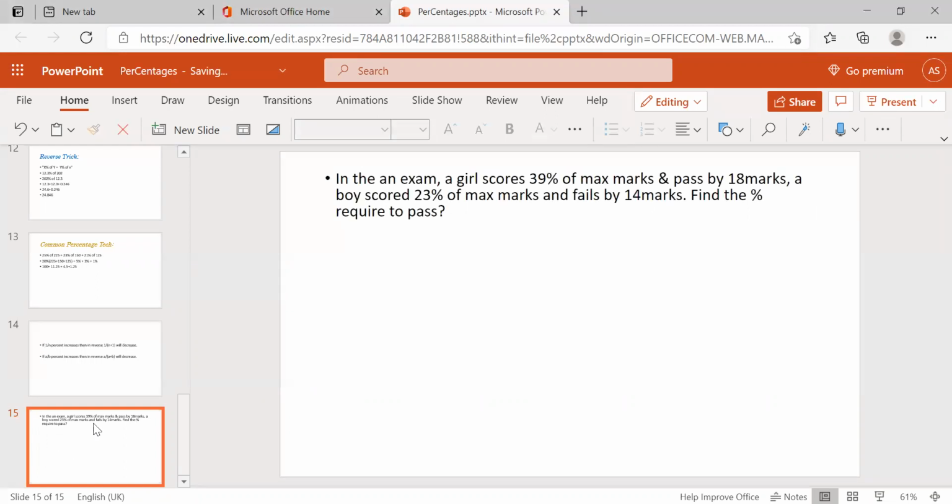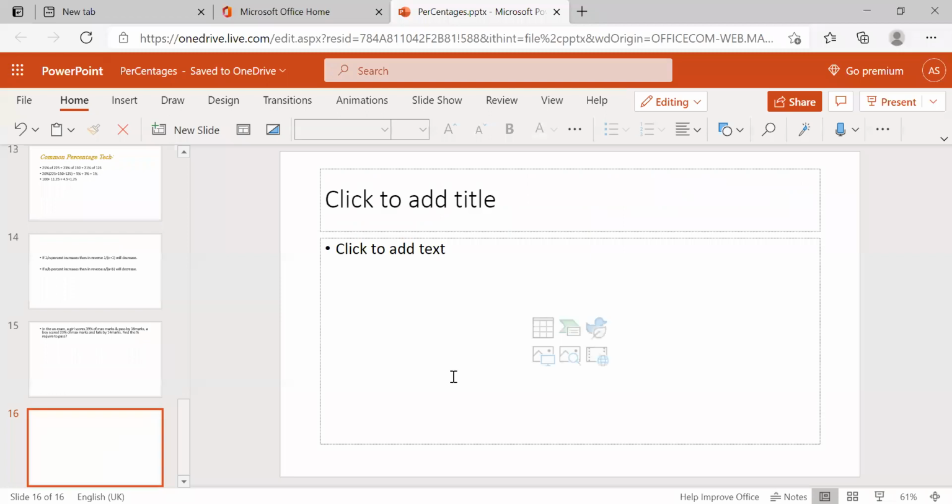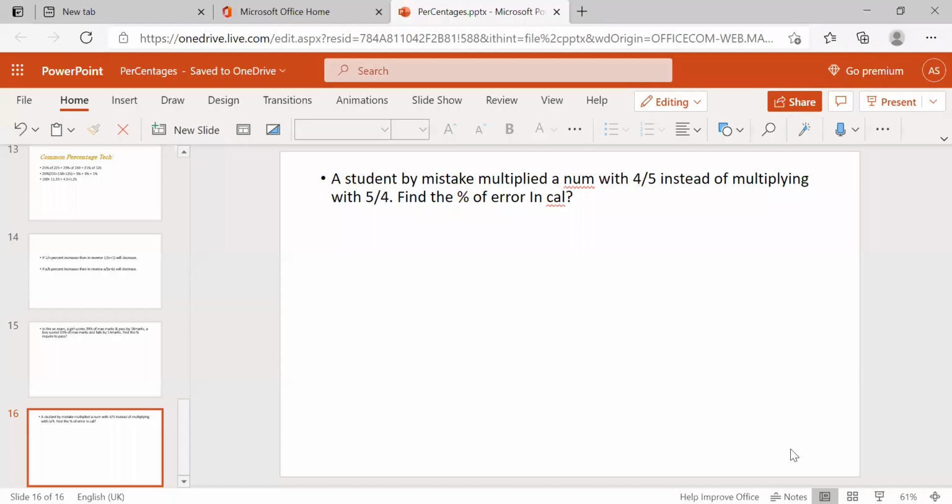Okay, finding the error percentage. A student by mistake multiplied a number with 4 by 5 instead of multiplying with 5 by 4. Find the percentage error in calculation. So what is the percentage error in calculation? We have a formula for that.